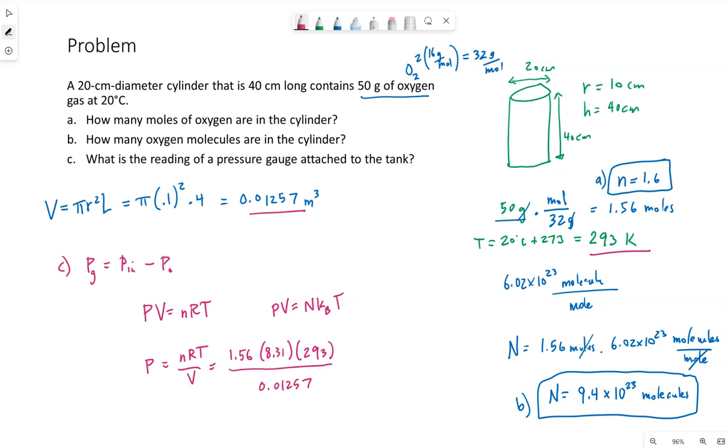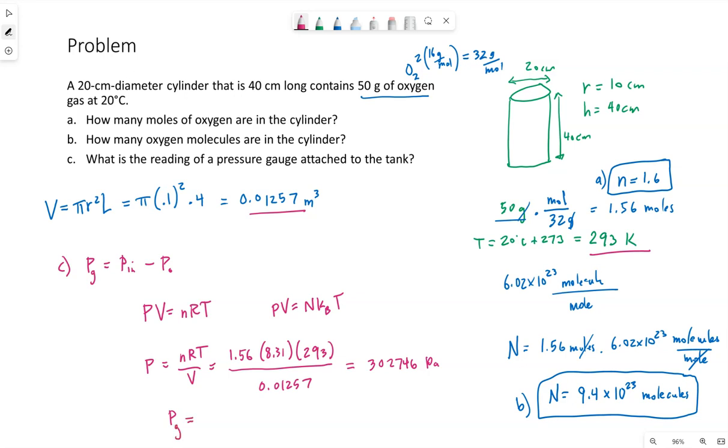So everything here is in SI units, which is going to give us a pressure in pascals. So I'm getting, and this is what my calculator tells me, which of course I would round to 2 sig figs if it were my answer.